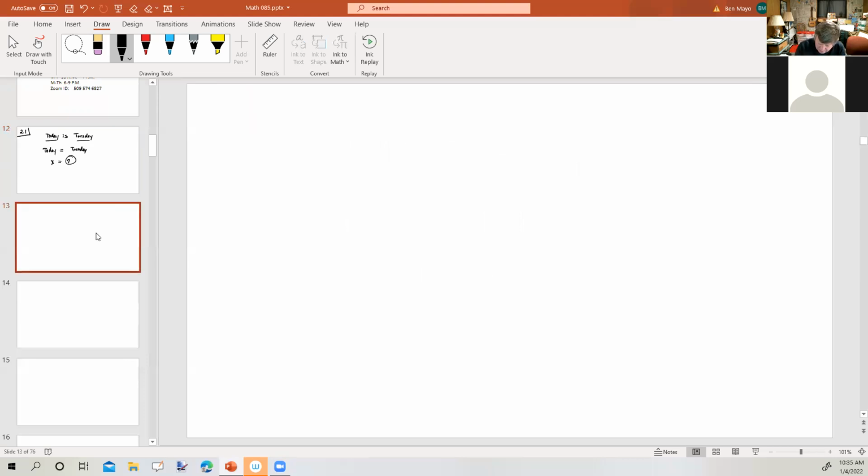Suppose, however, we have something like this. X plus 4 equals 12. Well, now x is not by itself, so it may not be obvious what x is.